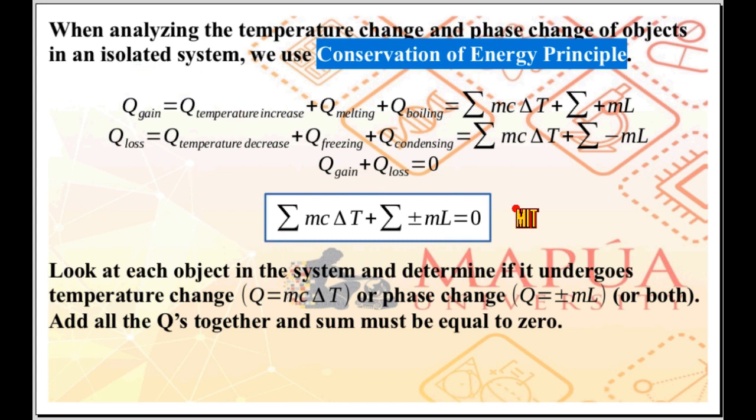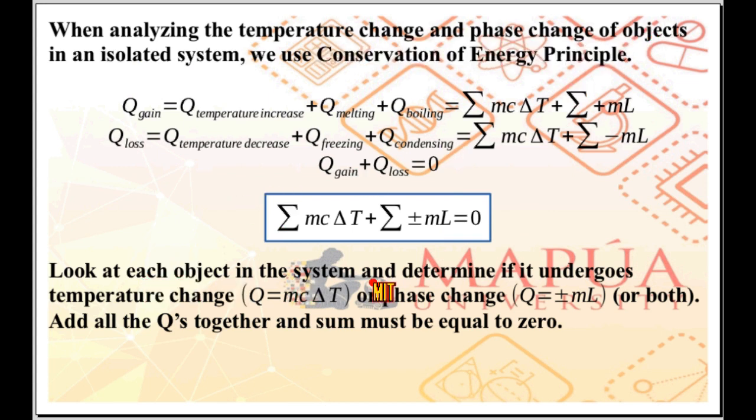It involves all the objects in the system. Look at each object in the system and determine if it undergoes temperature change, whether it's temperature increase or temperature decrease, and you have Q is equal to mc delta T. Determine if each object has phase change.